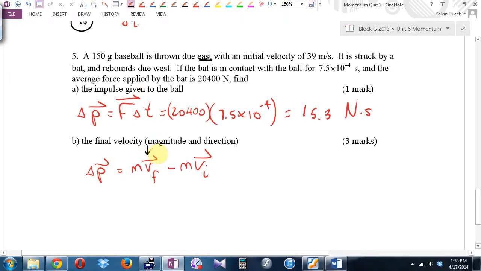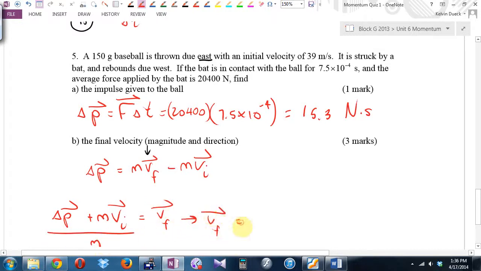Keep going, Atla. You add the MVI to the other side, and then divide by m. So you're saying the final speed of this baseball is going to be 15.3 take away 0.15?